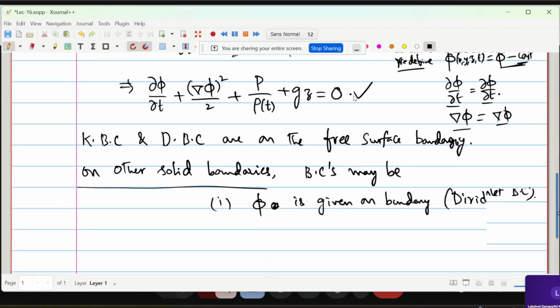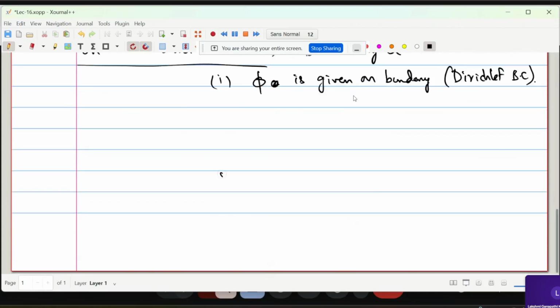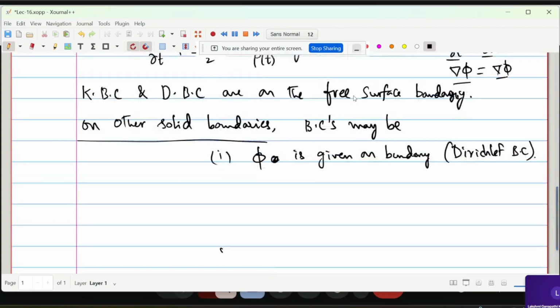Any question up to here? Get it clear, okay? So that everything is clear for you. If you provide the normal derivative on the boundary, means you have an outward normal, right? So dou phi by dou n is given on the boundary. So you say this is the Neumann boundary condition.